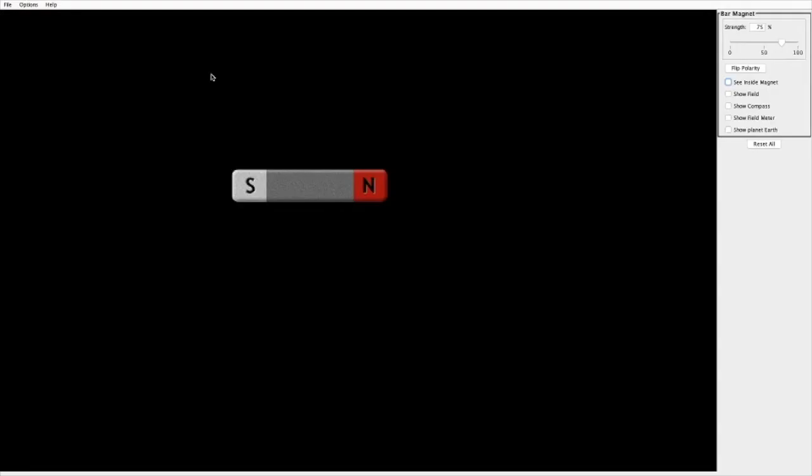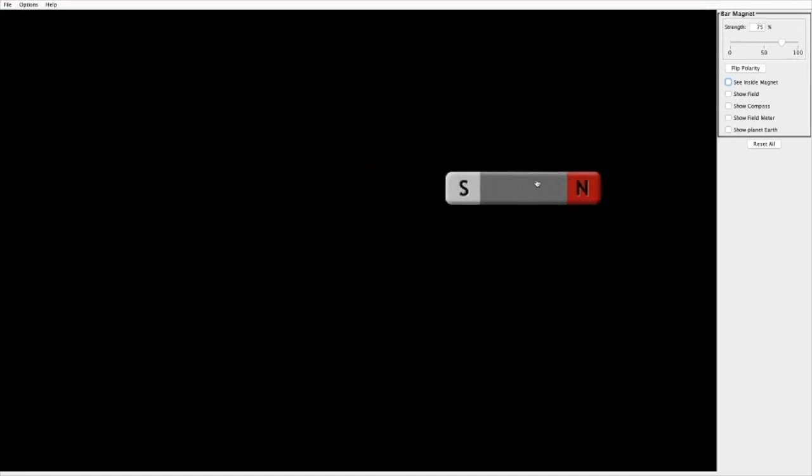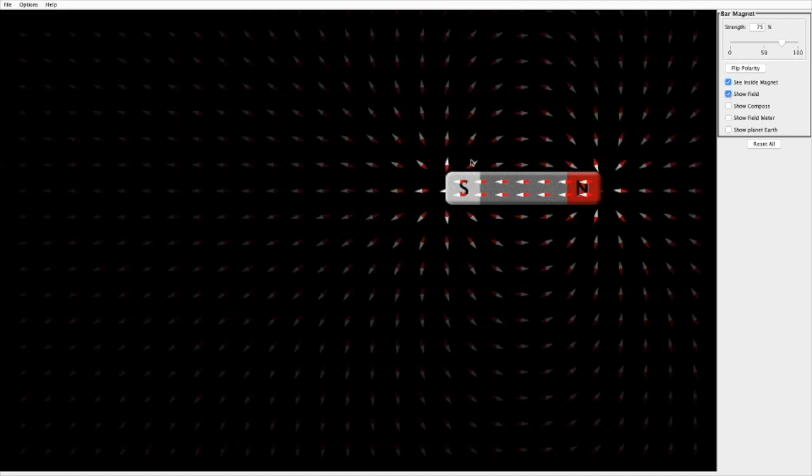simulation. Here I have a magnet. Nothing super interesting yet. Let's see inside the magnet first. So notice, field lines leave north and enter south. Leave north, enter south. We can also show a compass. How did we determine this field direction?